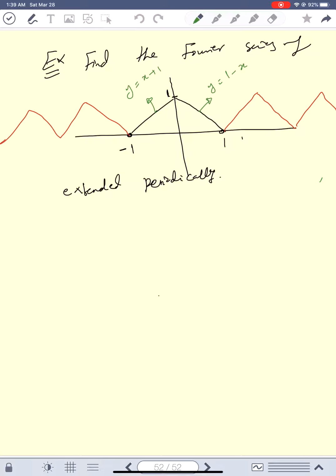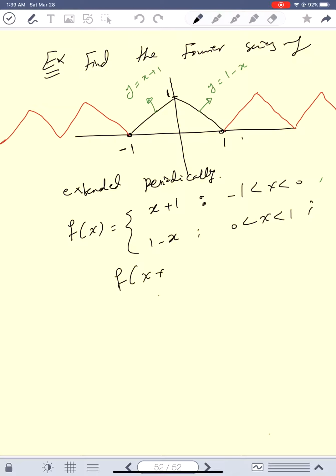So basically, what is my function? My function is x plus 1 when minus 1 is less than x less than 0, and 1 minus x when x is between 0 and 1. Again, extended periodically.